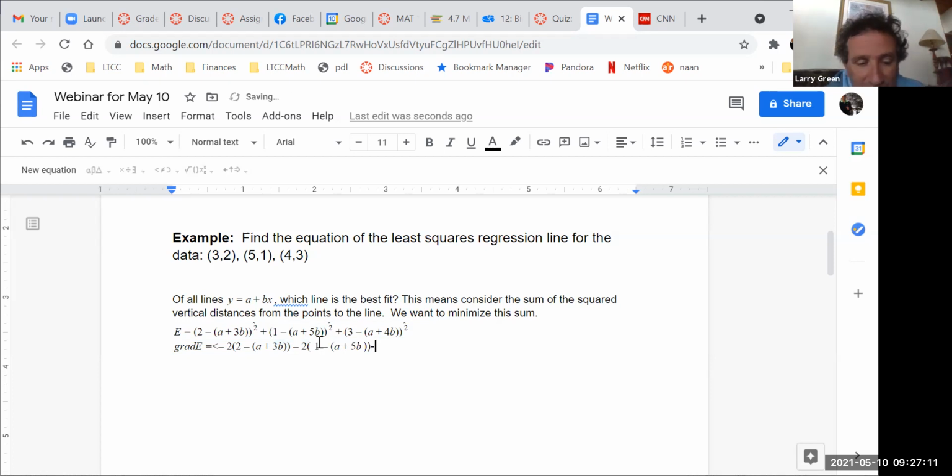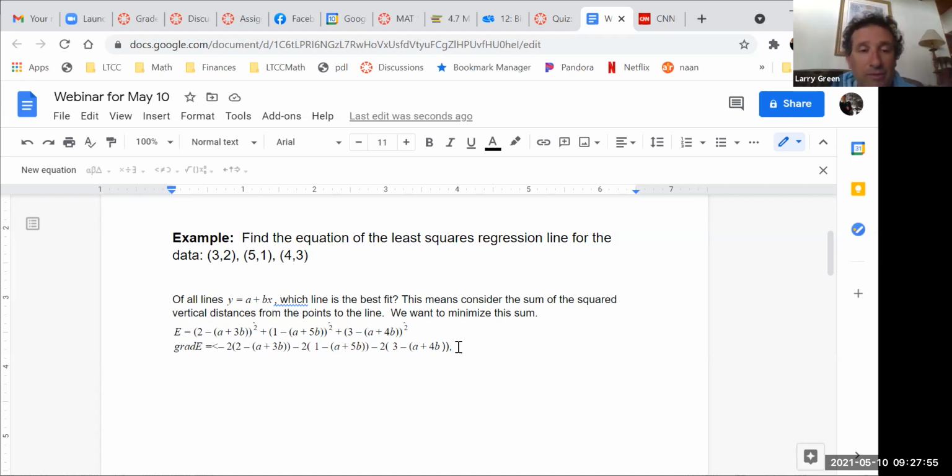And then we're going to have a minus 2 times the 3 minus (A plus 4B). Any questions on this example so far?